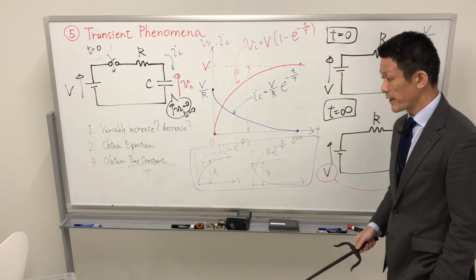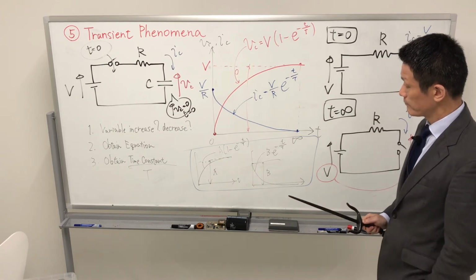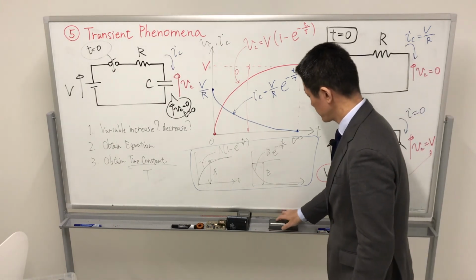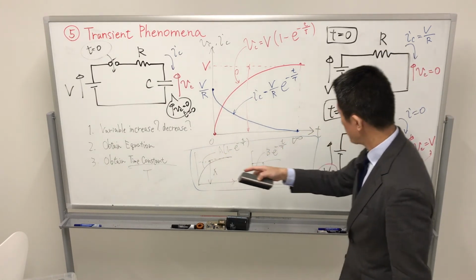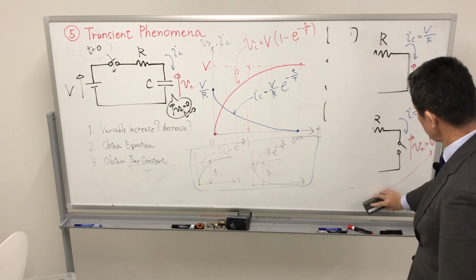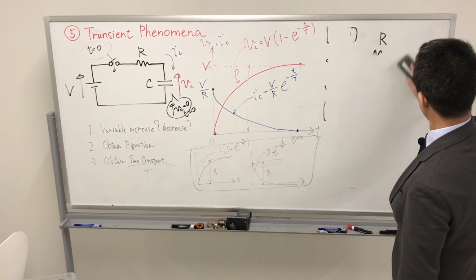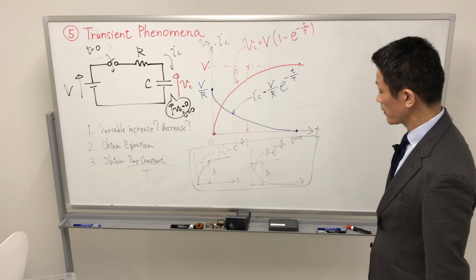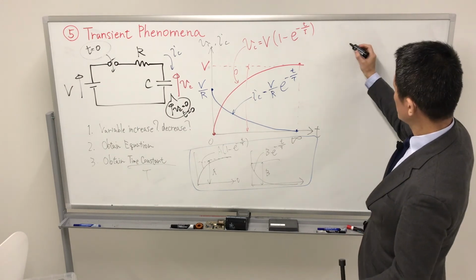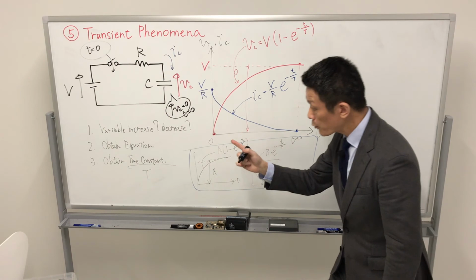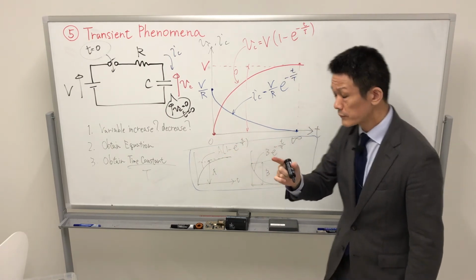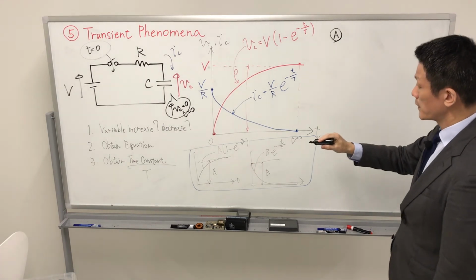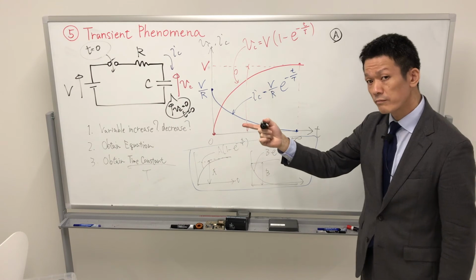So let's obtain the time constant. Okay, I will remove this one. Third step. How to obtain the time constant? First step A is remove the power source.